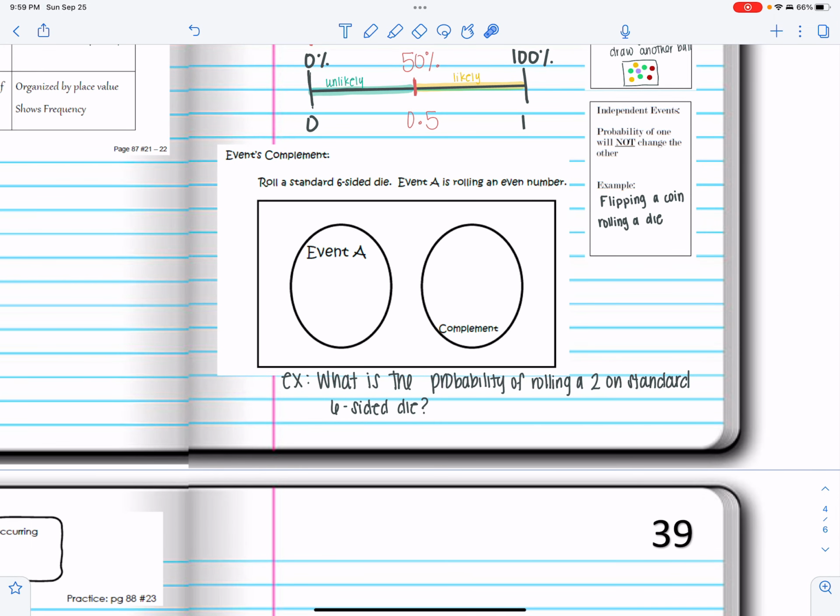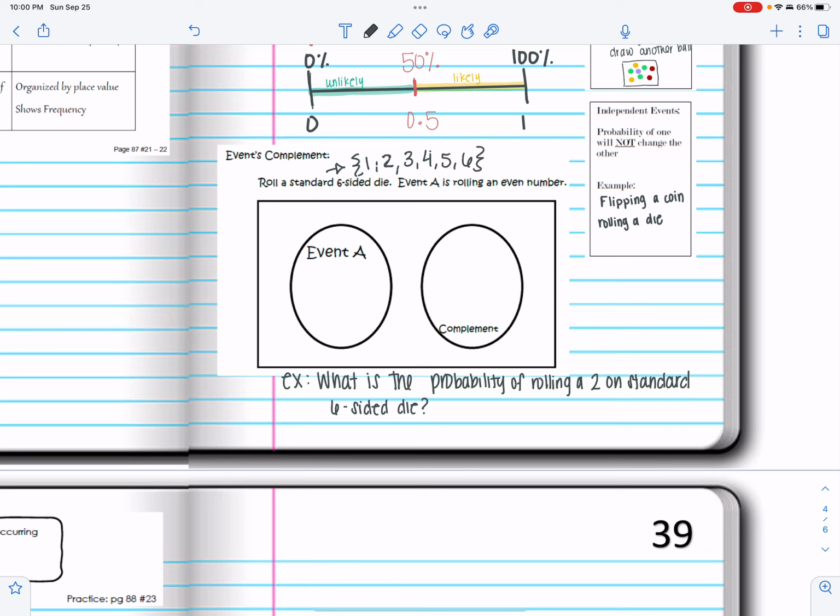And then our last definition, the complement. The complement is almost the inverse of one event. I think it makes more sense to see an actual example. So we've got roll a 6-sided die. Event A is rolling an even number. The possibilities of numbers I'll get on a die are 1, 2, 3, 4, 5, or 6.